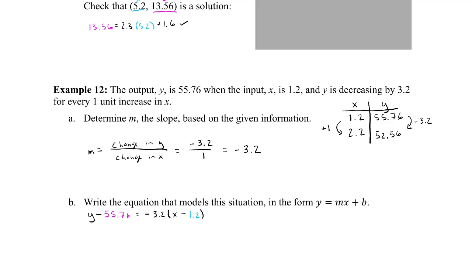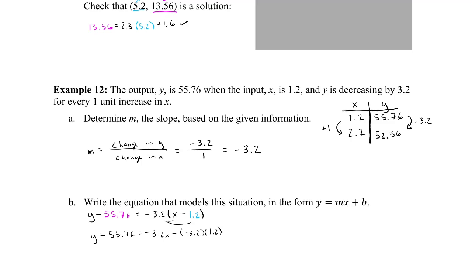We don't have any plus a negative, so our next step, we're going to distribute. y minus 55.76 equals negative 3.2x minus negative 3.2 times 1.2.